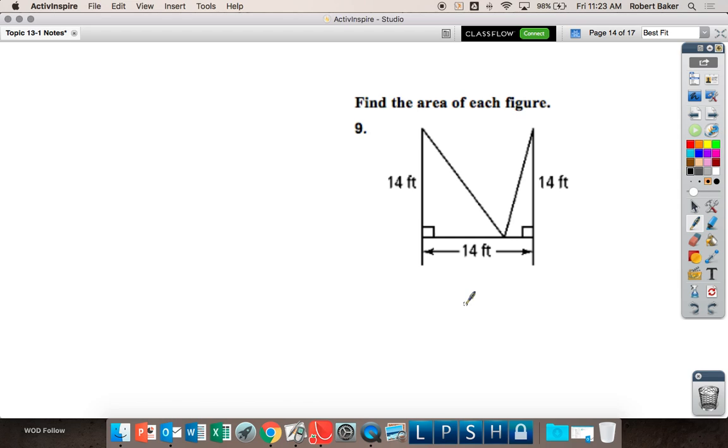How long is this piece? You don't know. So what are your options now? Well, you could find the area of a square, because you know that this is a square that looks like this. So the area of the square is 14 times 14, or 196 feet squared.